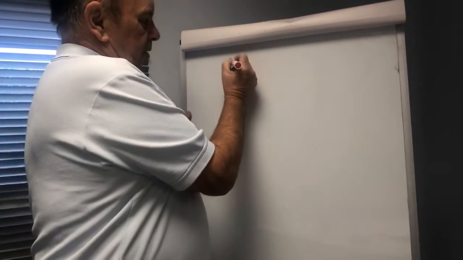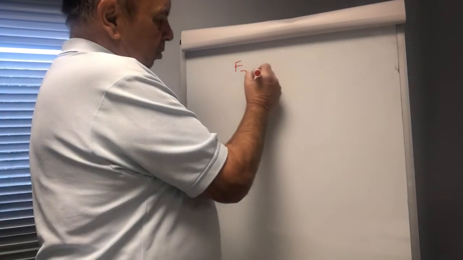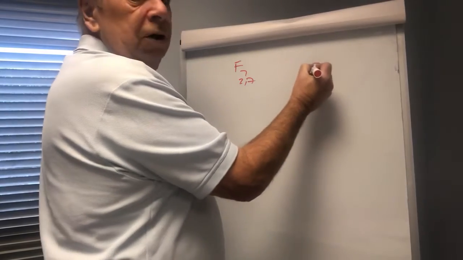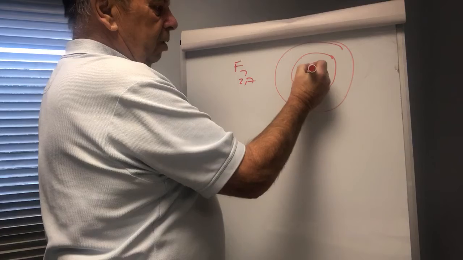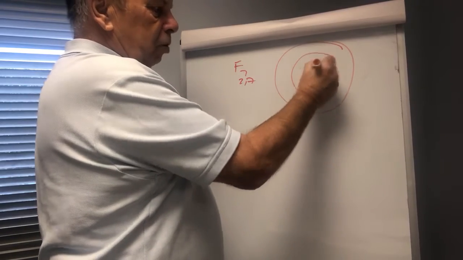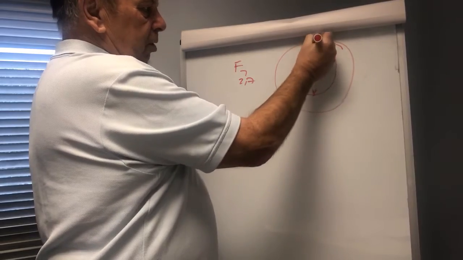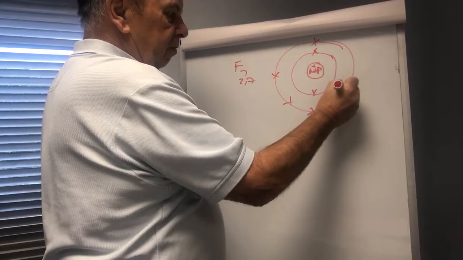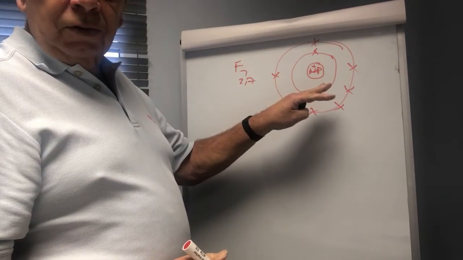Here is fluorine. Its electronic structure is 2, 7. There's a nucleus again, and that is the nucleus. It's positive. It wants to gain electrons.